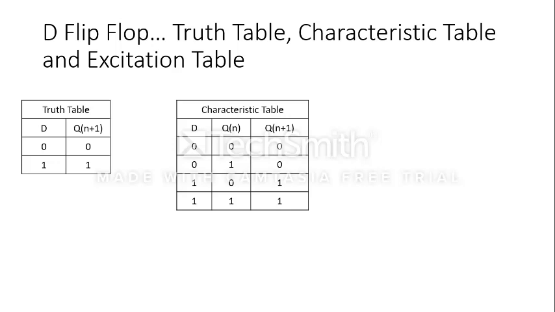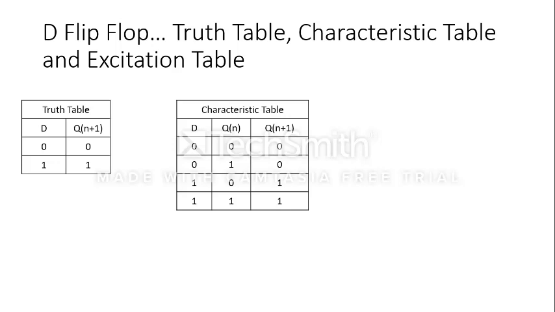Now this Qn is actually irrelevant here, because when your clock is high, you will get the same value in Qn plus 1 that you are providing in D. So when you are giving D as 0, irrespective of the value of Qn, whether it is 0 or 1, you will get a 0 in your output.